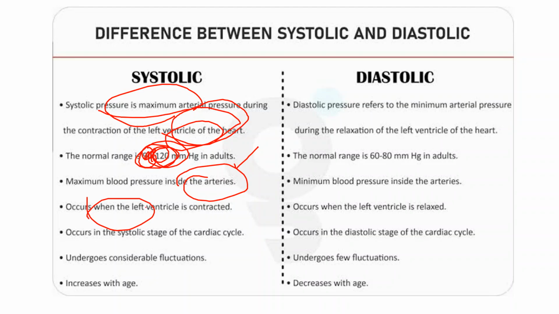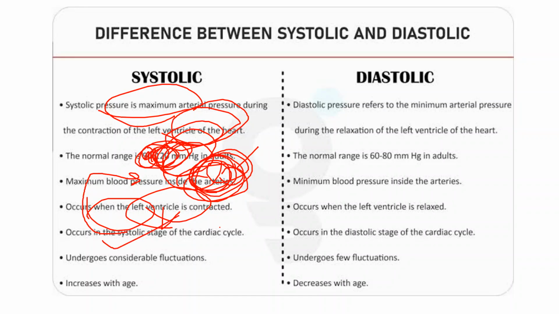So when this left ventricle is contracted, there is a generation of blood pressure inside the arteries, and whatever blood pressure generates inside the artery when the left ventricle is contracted, that is 120 mmHg, and it occurs in the systolic stage of the cardiac cycle and undergoes considerable fluctuations.